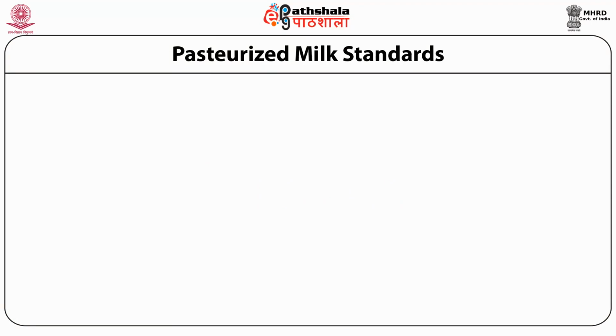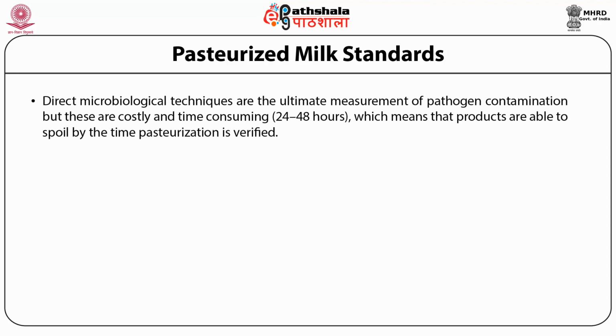Before proceeding to methods of pasteurization, let us learn about parameters through which we can decide whether milk is safe for drinking or not. Students, direct microbial techniques are the ultimate measure for detection of pathogen contamination.